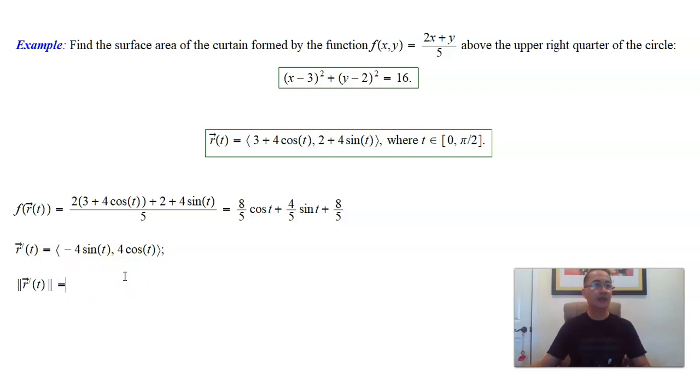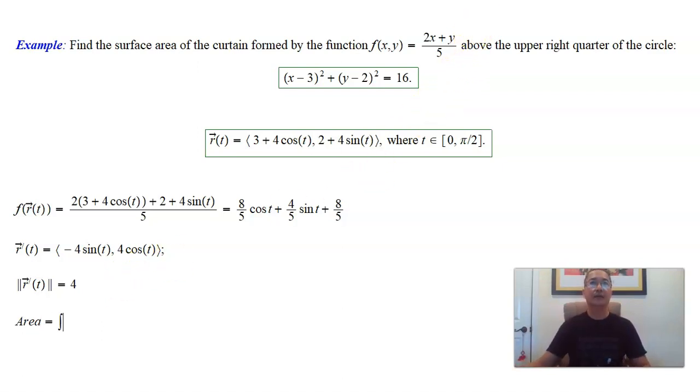That adds up to 16. Square root of 16 is equal to 4. Another way to think about it is you have 4 times a unit vector, minus sine t, cosine t. That's a unit vector.